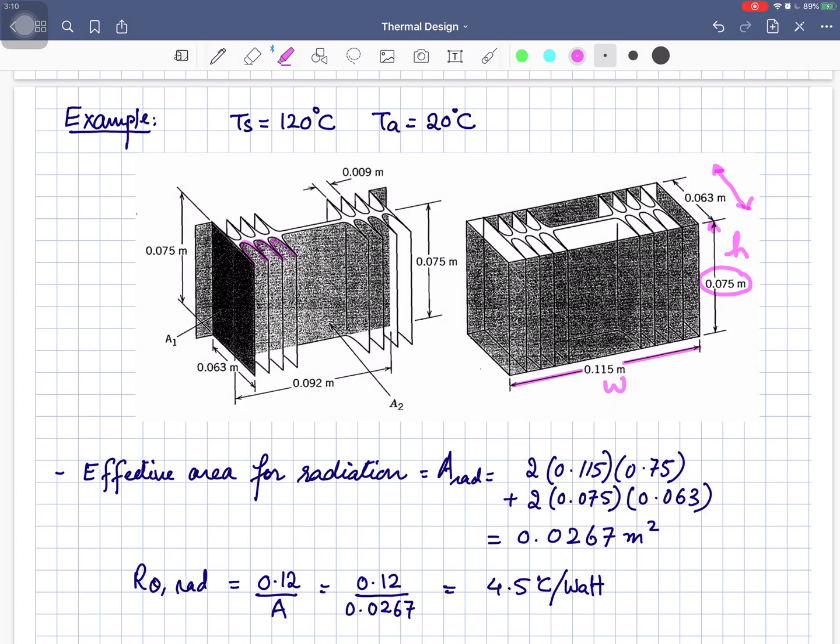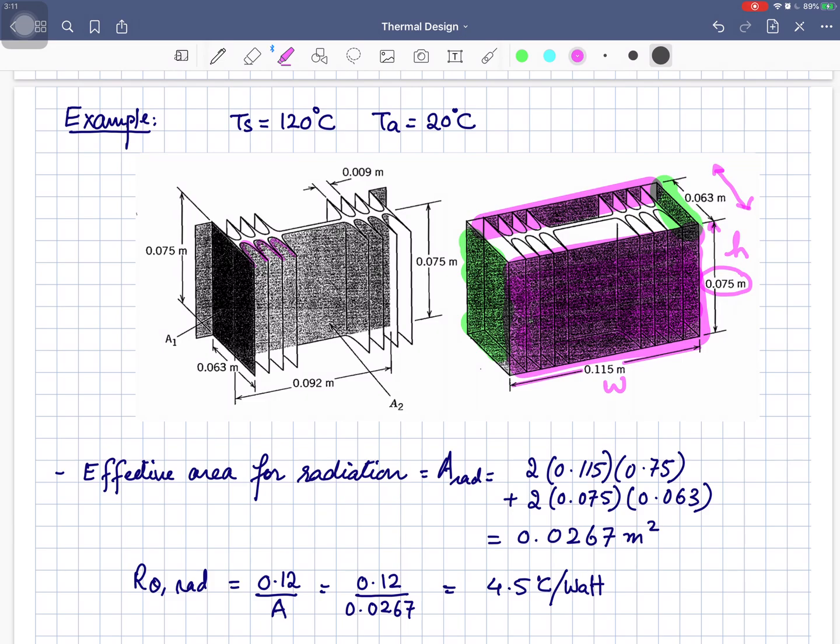Now let's calculate the effective area for the radiation. The effective area for radiation for this heat sink will be the four sides. Which four sides? One is this front one, considering the flat surface. Similarly, its equivalent will be there on the other side, and this side, and similarly its equivalent will be there over here. So there are four sides.